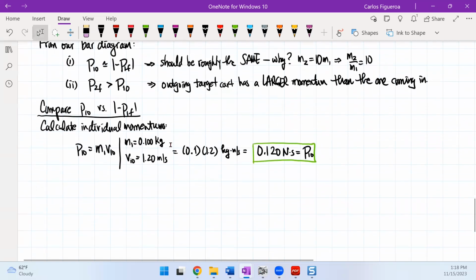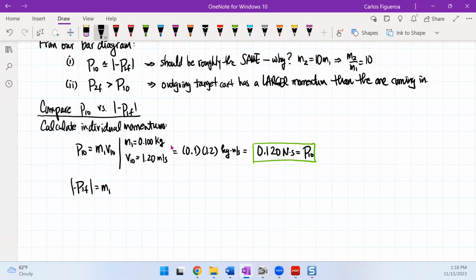Now, what happens after the collision? If I look at the absolute value of P1 final, this will then be M1 V1 final, but V1 final is already given as 0.85 meters per second.